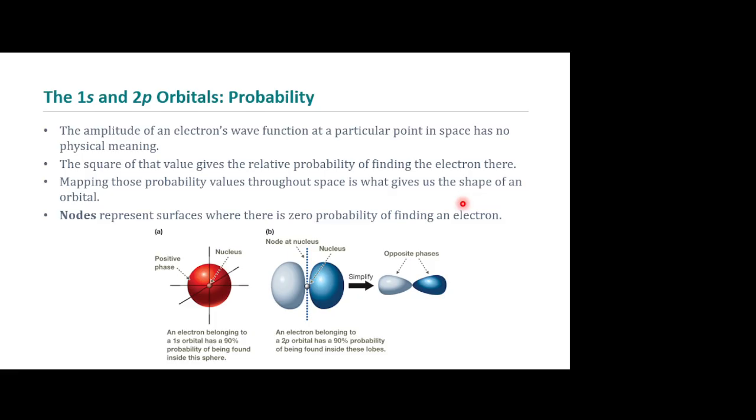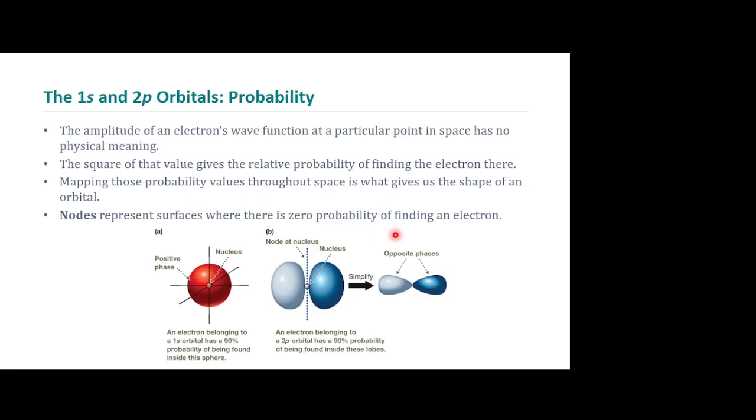If you square that value, they all become positives, and it gives you probability. Kind of like if you look at a Gaussian distribution around 0, you have negative and positive. If you square that, you get just the positive.